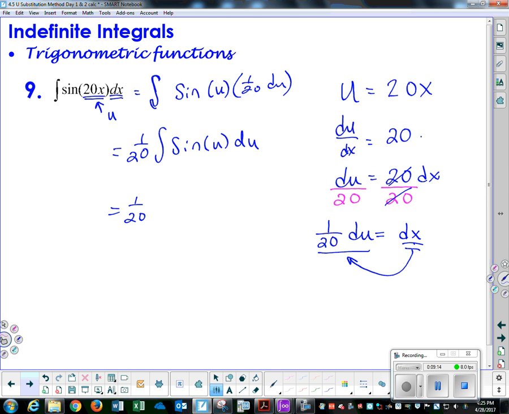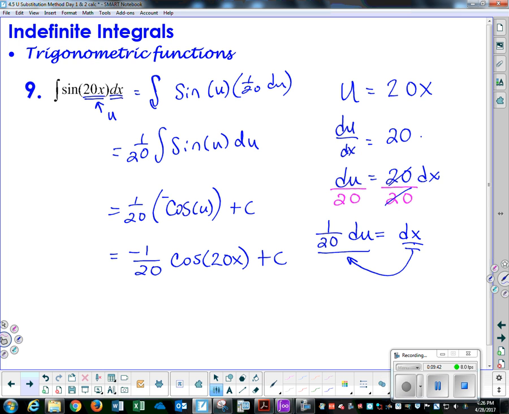And the sine of u integrated becomes negative cosine of u plus c. That negative, I'm going to bring it out front so nobody thinks I'm doing a subtraction problem there. And instead of u there, let's just replace it right now. Save ourselves a line of writing, and we get negative 1/20 cosine 20x plus c.